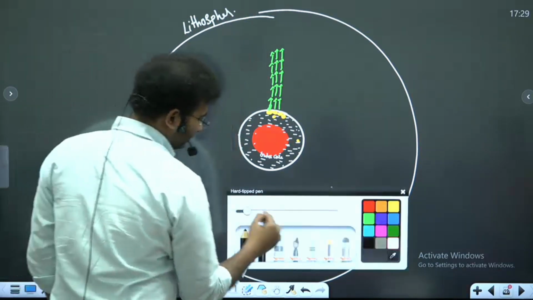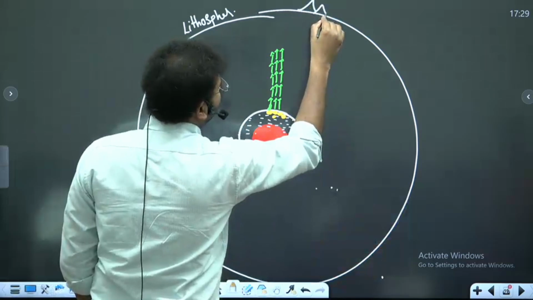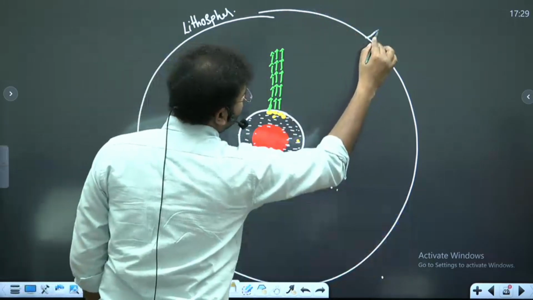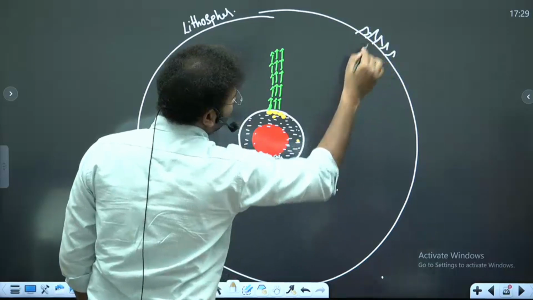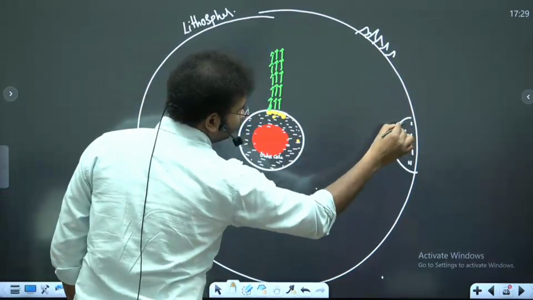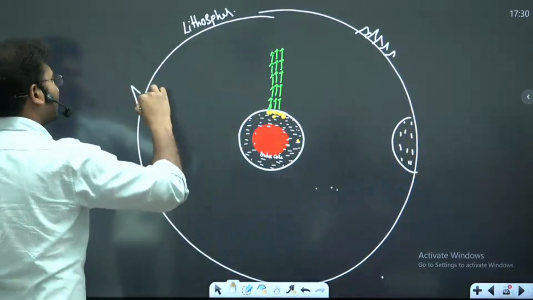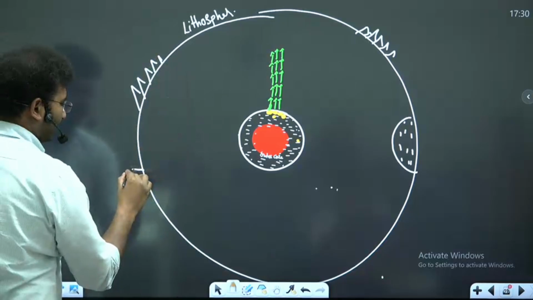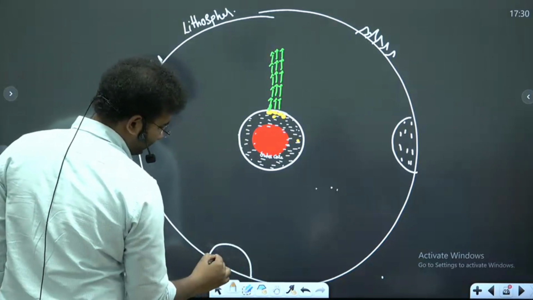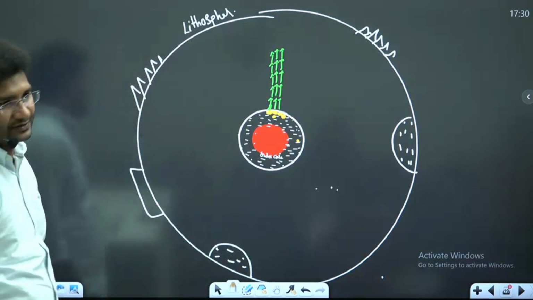On the lithosphere, you can sometimes see mountains here. You can see an ocean. Maybe there can be a plateau. Likewise, you can have multiple landforms on the surface.